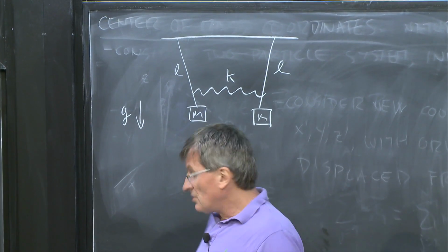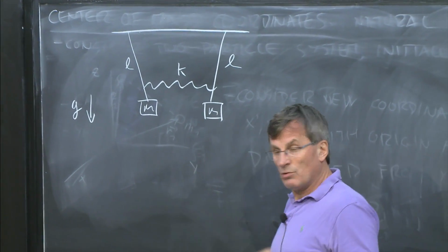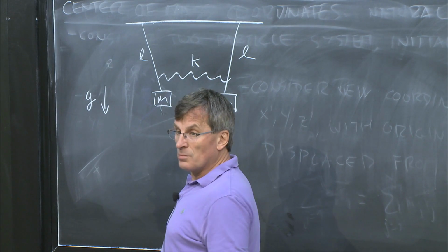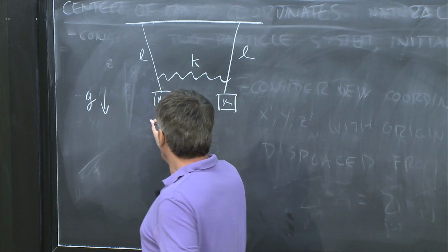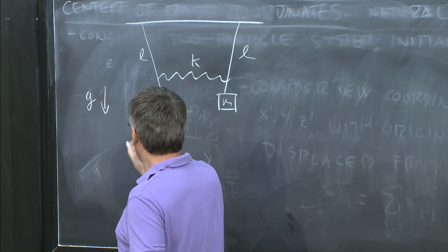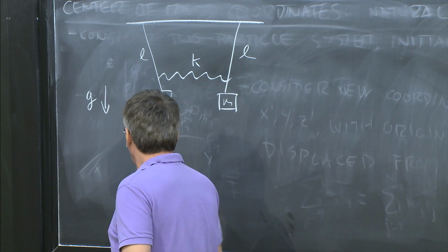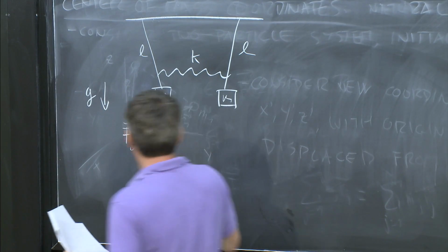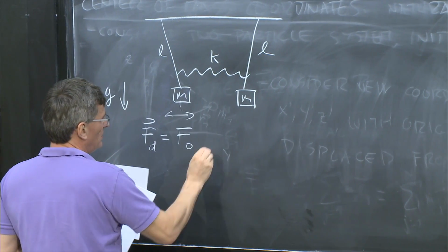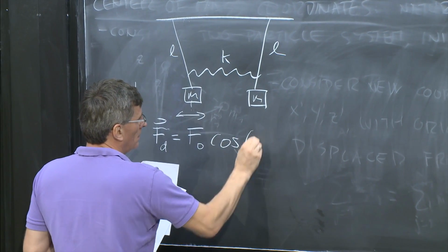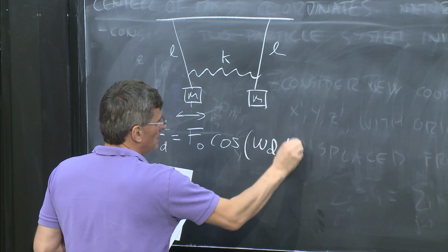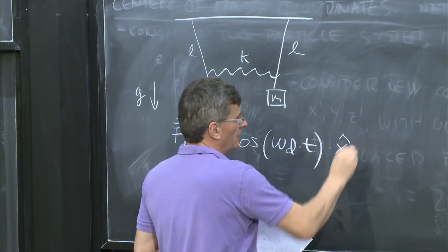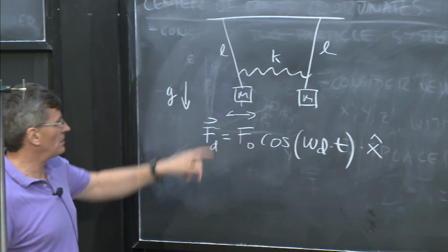The difference will be that we apply an external force to one of those masses. How doesn't matter, but there is an external force F with subscript d, which is equal to some amplitude f0 cosine omega d times t, along the x hat direction. And this is applied to mass 1.